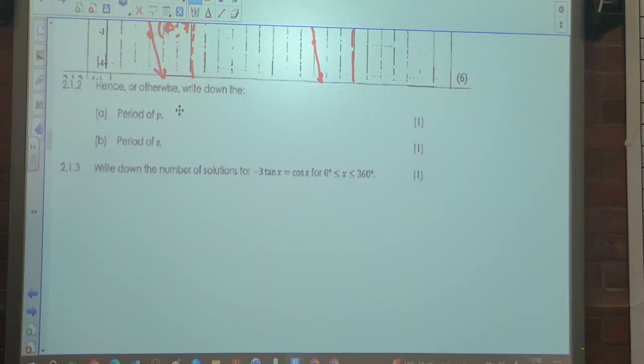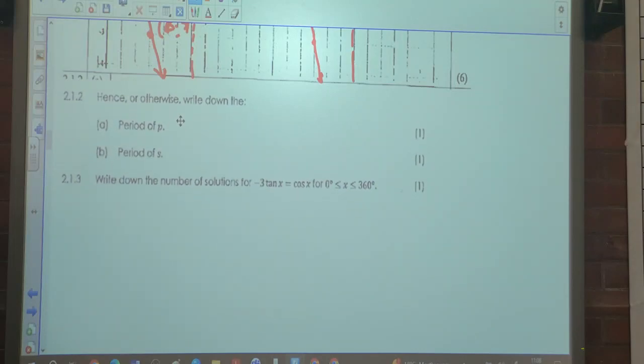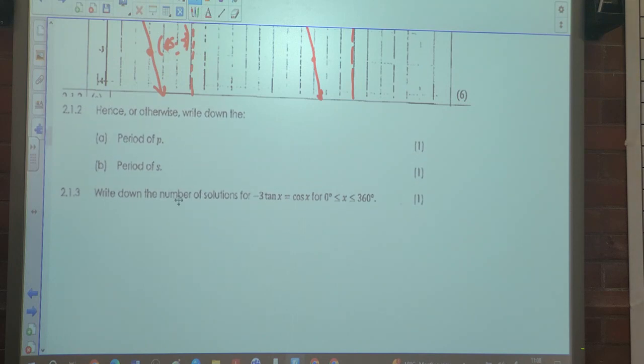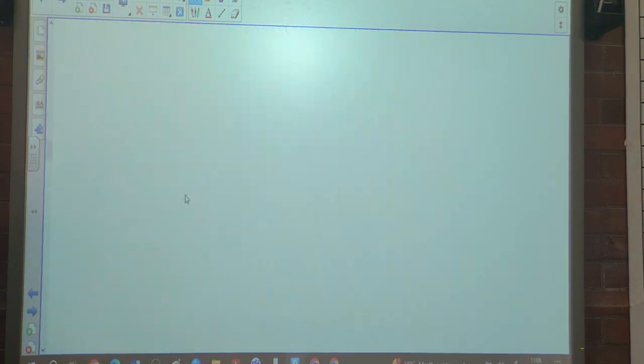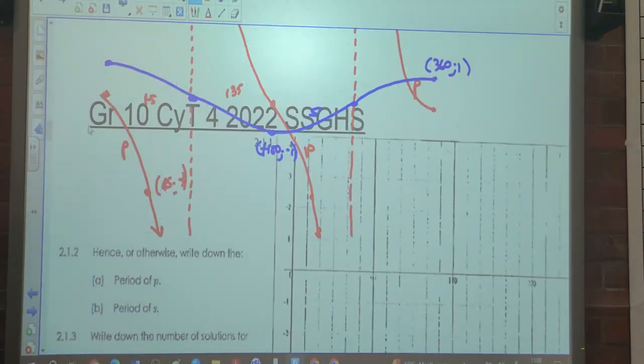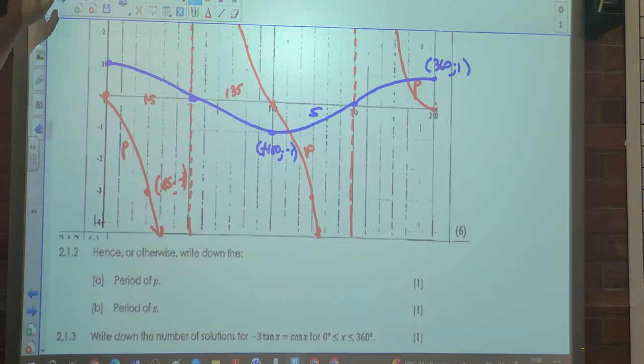In the next question we are told, what is this here? Oh, that is from the answer. Okay. So here we are told, okay, where's my marker? It's behind here now. Okay, I'll just move it afterwards.